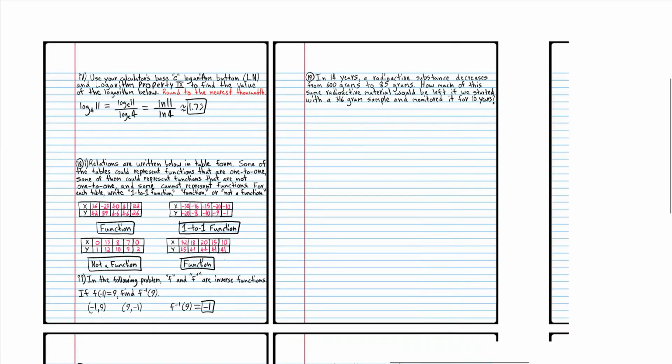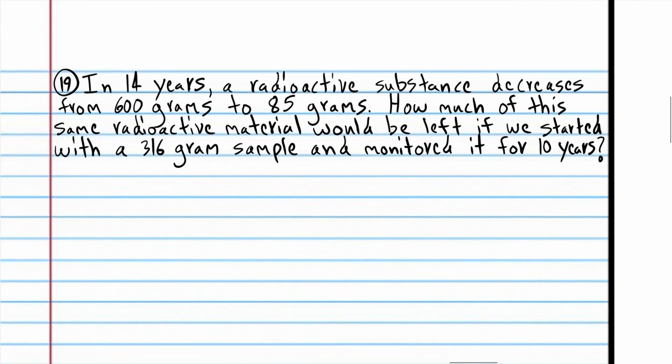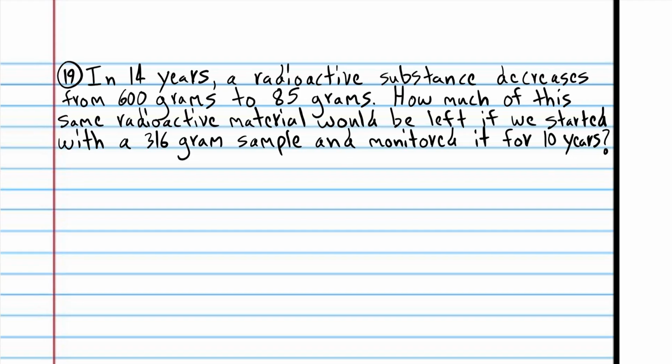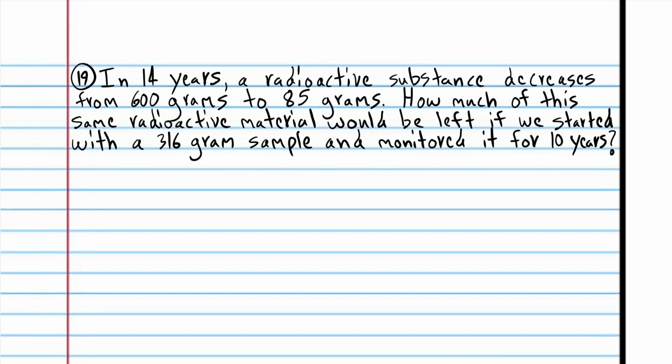On to number 19. Go ahead and try 19. When you come back, we'll do it together. Okay, we're back. So this is a two-part problem. Part 1 is to find k. And we're going to have to use our formula.